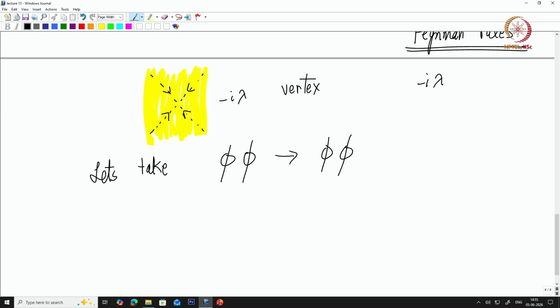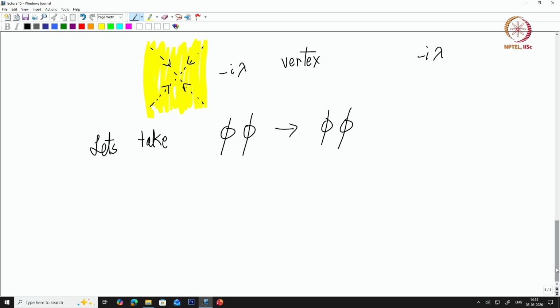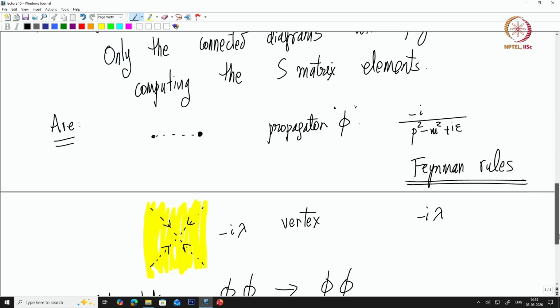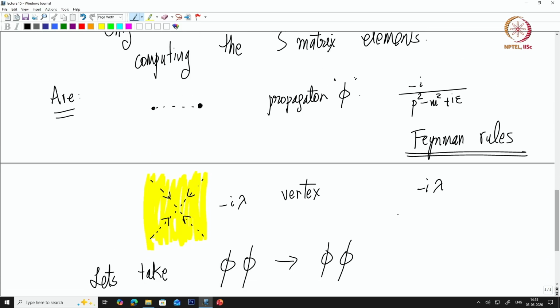Now I want to visualize this particular scattering diagrammatically. I will draw all possible diagrams using these vertices, and I will also write down two other Feynman rules, which is an incoming phi, and this is an outgoing phi.